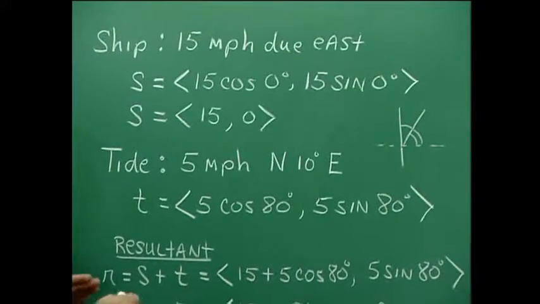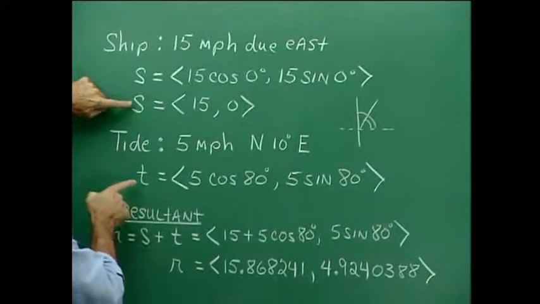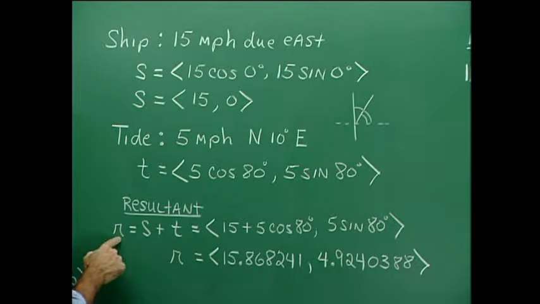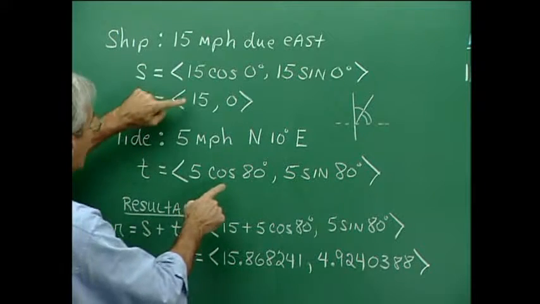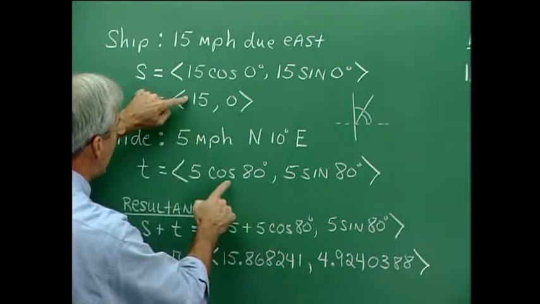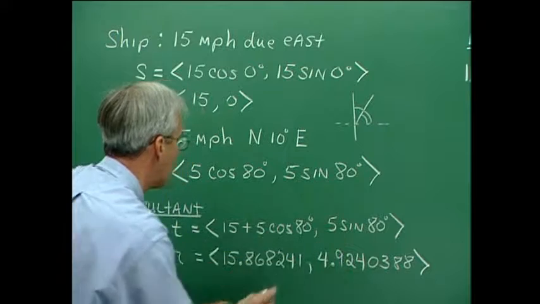It turns out that the resultant vector in this problem is found by simply adding these two. So it's s plus t for the resultant, which I've labeled R here. And we're adding the items in corresponding positions here. Add the horizontal components, add the vertical components, and we get this.